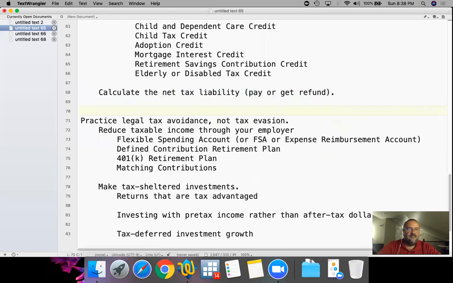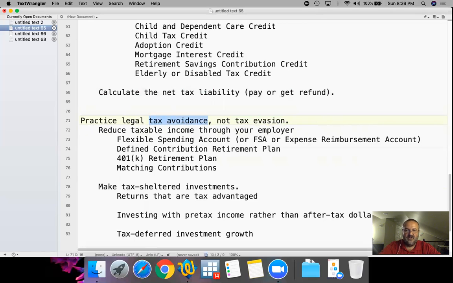Now, it is legal to try to avoid taxes, but it's illegal to have tax evasion, right? So there are practices that you could employ to try to reduce your tax liability. And the term that's used is tax avoidance.